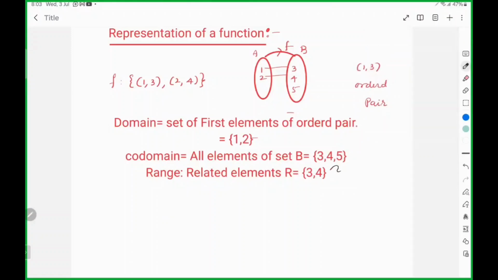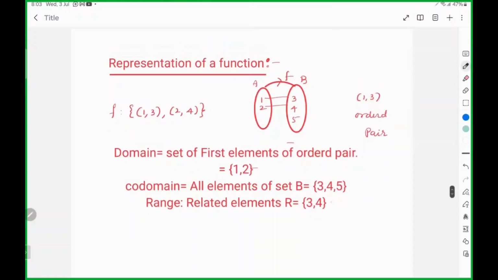This range also has a notation f of A, meaning all images of domain A.